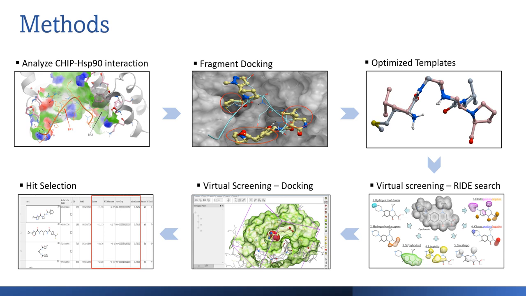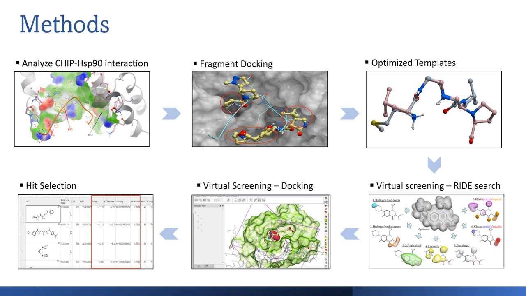The project was started with the analysis of interaction between CHIP and the endogenous peptide HSP90, and then followed with potential hotspot identification by fragment docking screening. Next, two templates were used to conduct virtual screening to discover hits that are predicted to interact with CHIP.